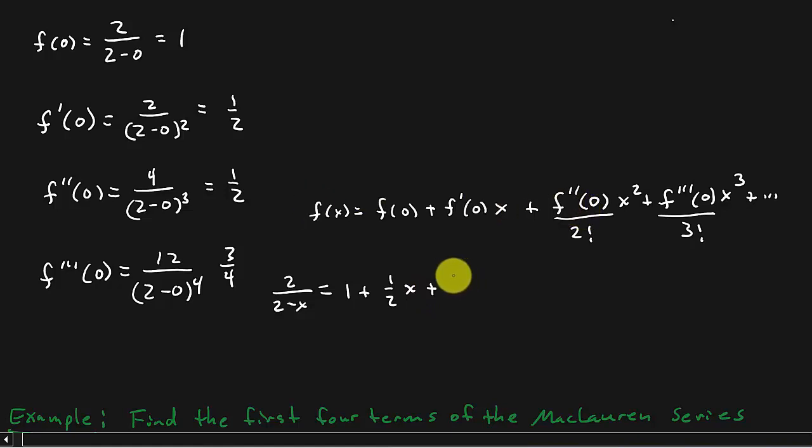Now let me say this. I guess it doesn't matter. Let's just write it like this: 1/2 over 2 factorial.